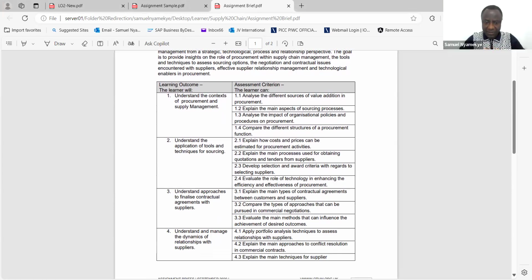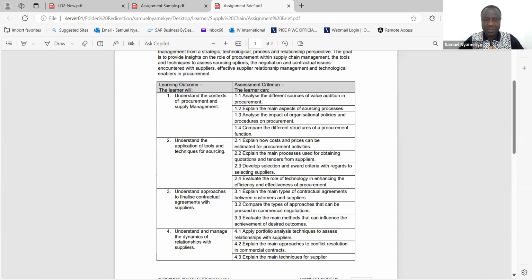Then we'll be looking at the agreements, contracts, forming relationships with your suppliers, what should be involved. Then we will look at communication and a few other things.